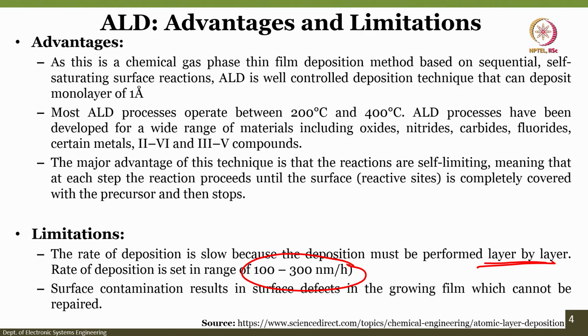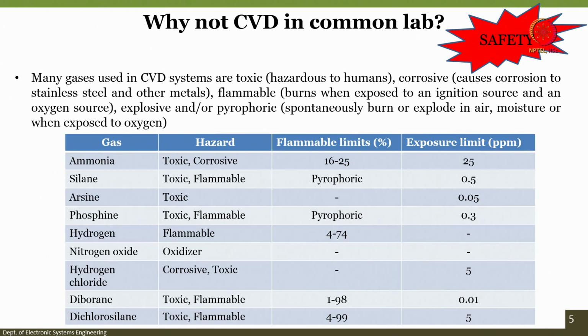Also there is one more thing that we need to take care of, which is the surface contamination. The surface contamination results in surface defects in the growing film which cannot be repaired. Okay. This is another thing we need to really understand, that the surface contamination will affect the film quality and properties of the film, right. So these are the advantages and limitations of the ALD technique.